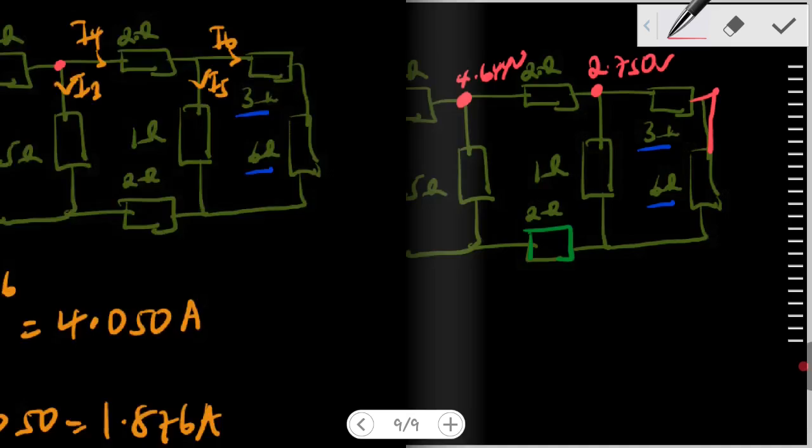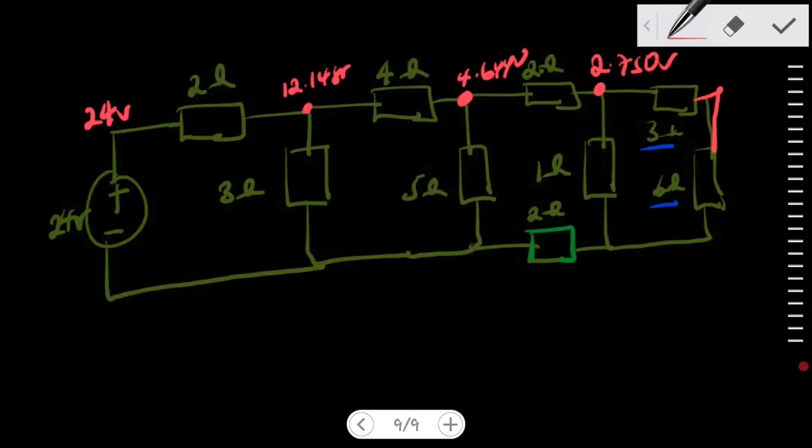But then at this point, you subtract this: 2.750 minus the answer gives 2.465 volts at that point.